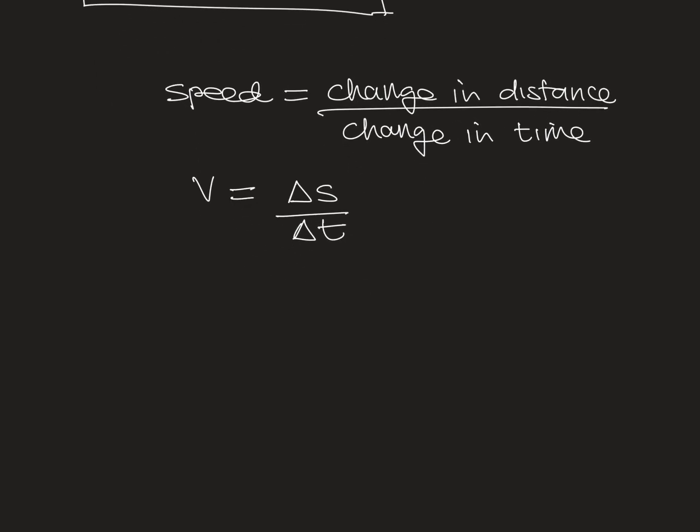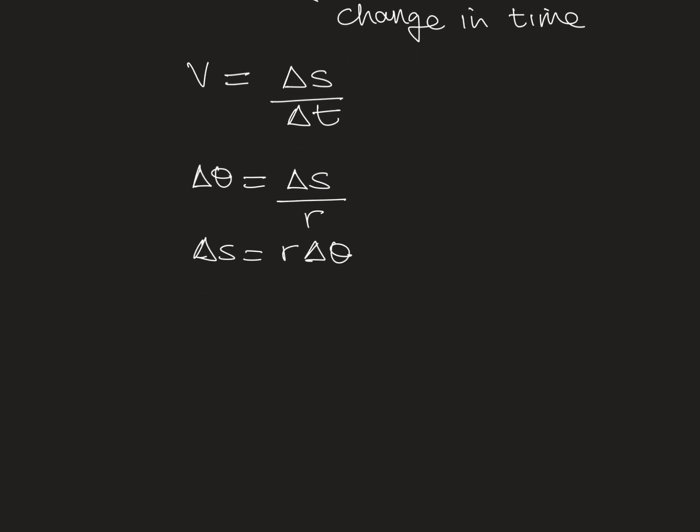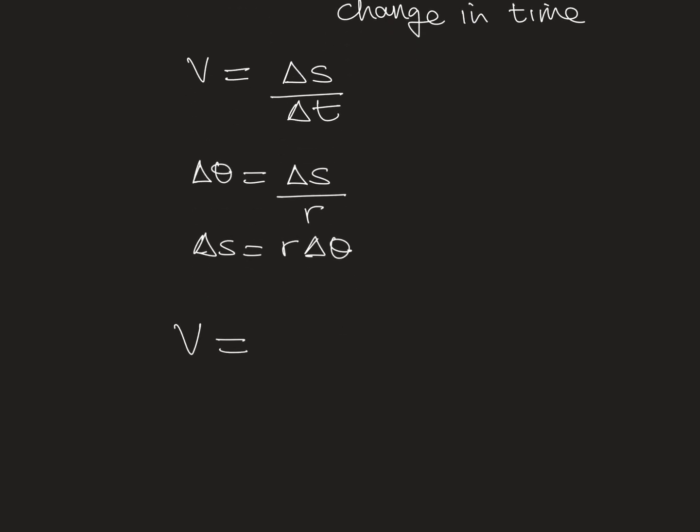But if you remember previously, we said that delta theta is equal to delta s divided by r. So if I want to find delta s, it will be equal to r delta theta. So in the position of delta s, I can substitute r delta theta into this equation. So that will be v is equal to r delta theta divided by delta t.